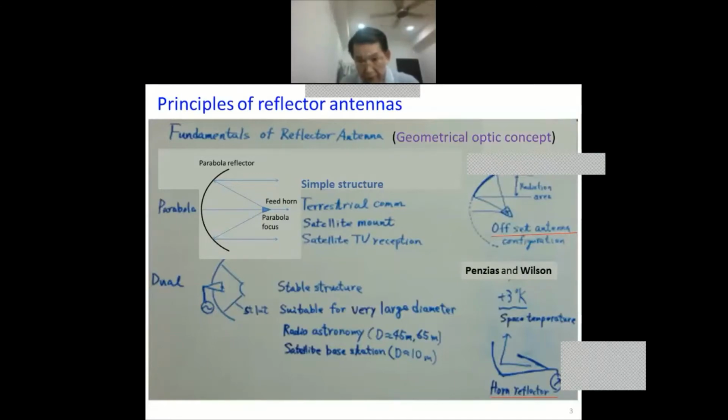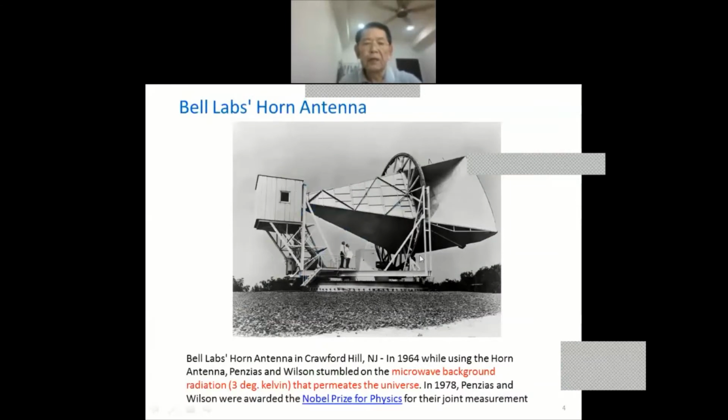This is another very famous antenna, the horn reflector. The horn is like this. This is the parabola, and this is a waveguide. Penzias and Wilson found that the space temperature is about 3 degrees Kelvin. So this is their antenna.